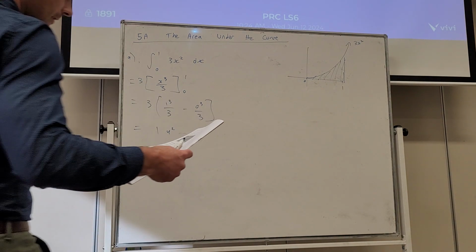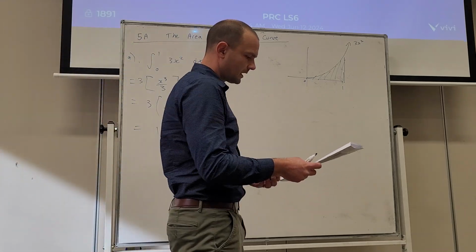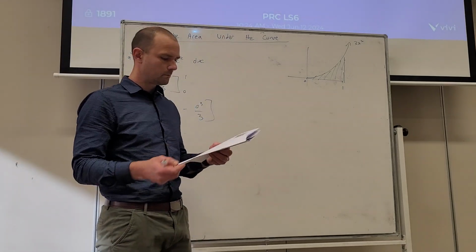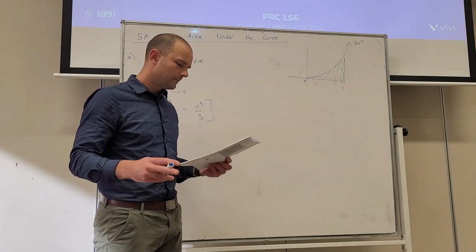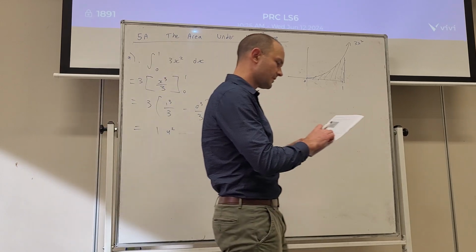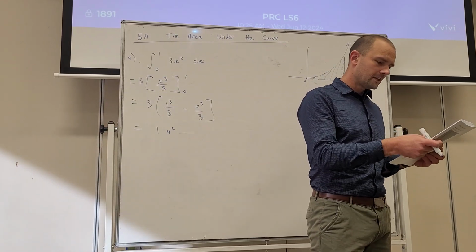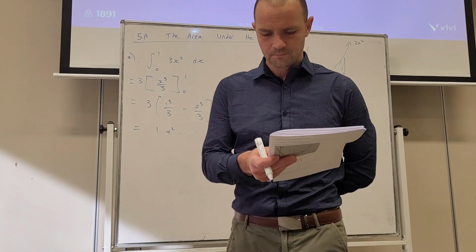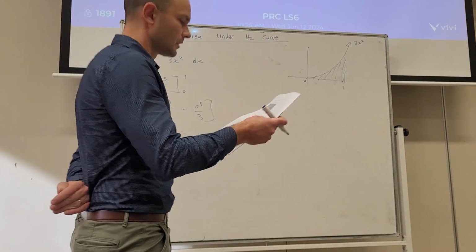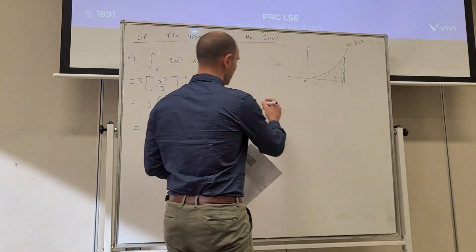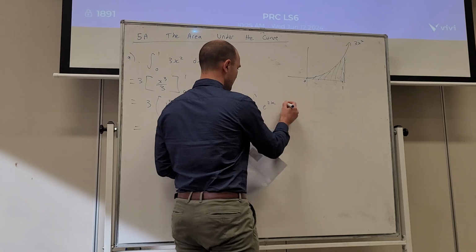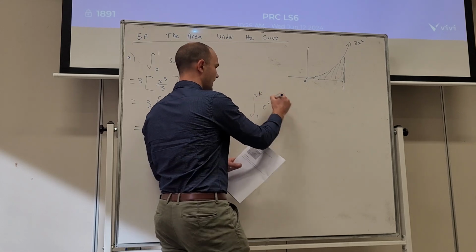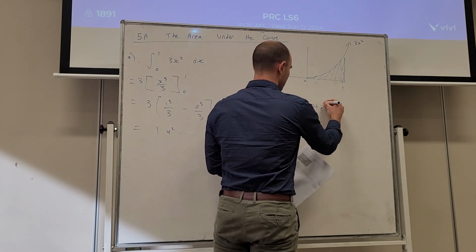Let's have a look at B. Find k in the form c plus ln b, given the area under the curve e to the 2x, over the interval 1 to k is 4e squared. Okay, so the area under the curve of e to the 2x from 1 to k is 4e squared.